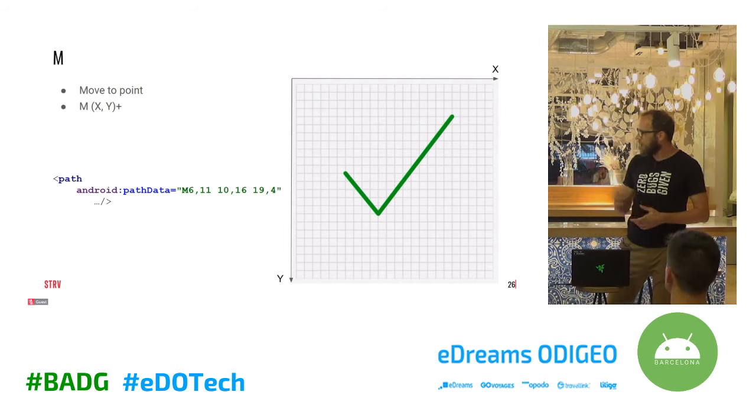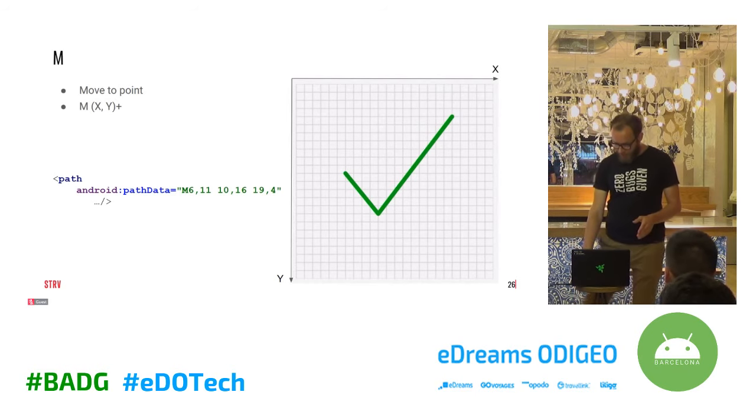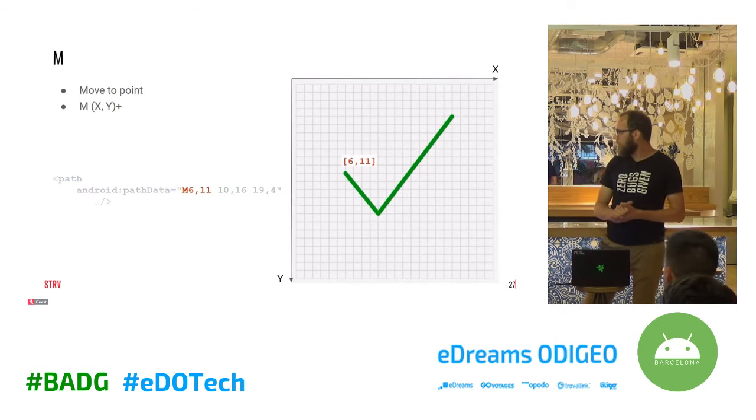And then this particular command draws this thick shape. So let's go one by one to understand what happens here. First, we go to the starting point, which will be, in our case, 6, 11. 6 is the X coordinate, 11 is the Y coordinate.